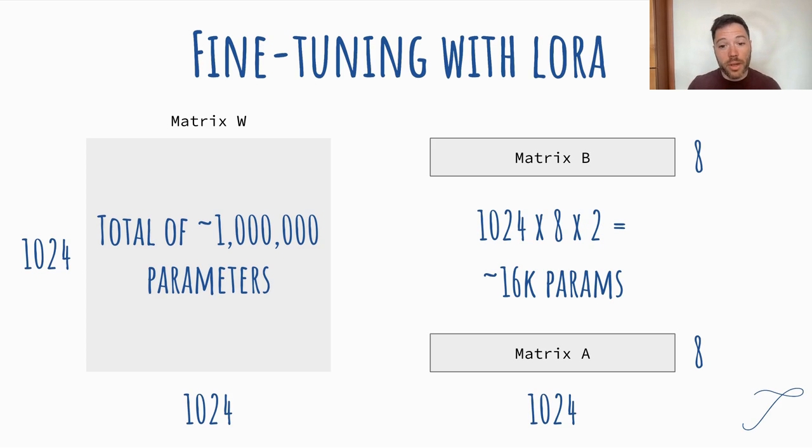And when they're multiplied together, taking B transpose times A, you'll get back to a matrix that's about 1000 in size. But the idea with LoRA is to freeze all of these original weights and to instead train just this subset of weights. And by doing that, we only have to train about 16,000 parameters in this specific matrix case compared to 1 million parameters. So we have far fewer parameters to update.